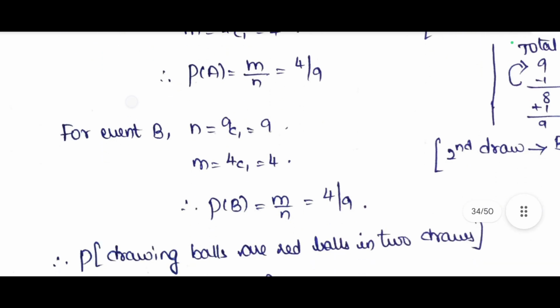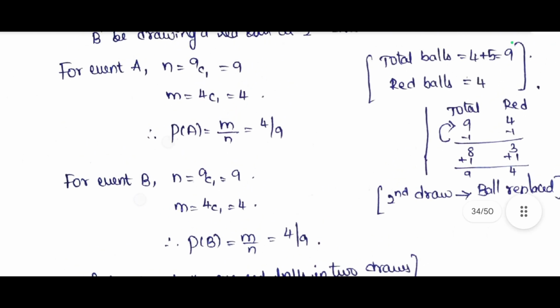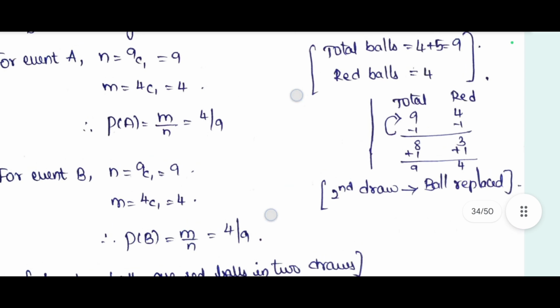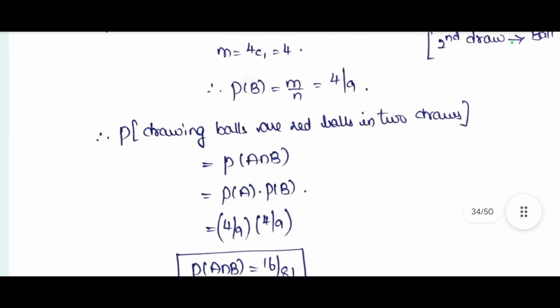For event B, n equals 9C1. Before the second draw, we are replacing the ball into the box again, so the total number of balls will be the same, 9C1, and the favorable cases are also the same. Probability of B for the second draw is also 4 divided by 9.